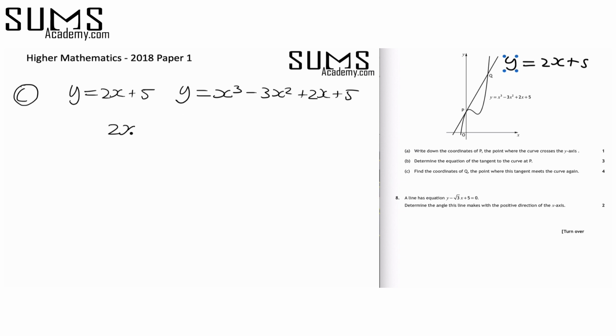So you have 2x plus 5 equals x cubed minus 3x squared plus 2x plus 5. Right, so this is going to simplify down because you've got a 2x there, and a 2x there, and a 5 there, and a 5 there. So what does this now become? You now have x cubed minus 3x squared, and because that's all gone, that's equal to 0.